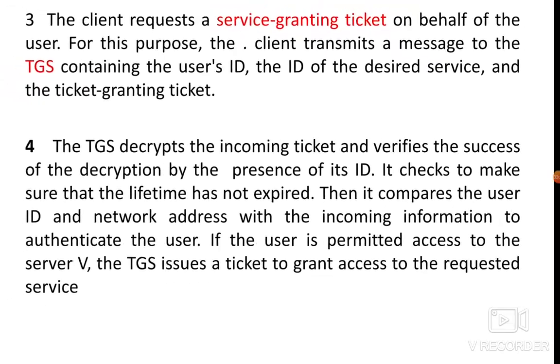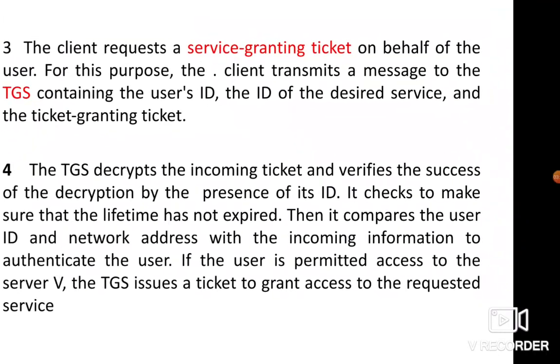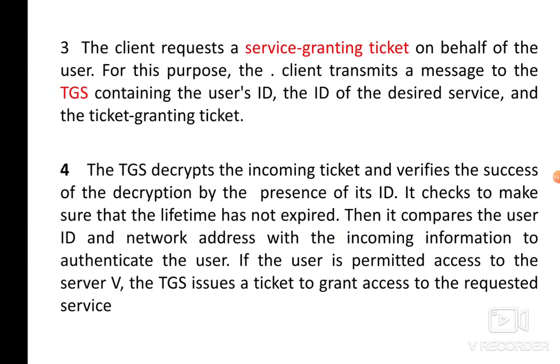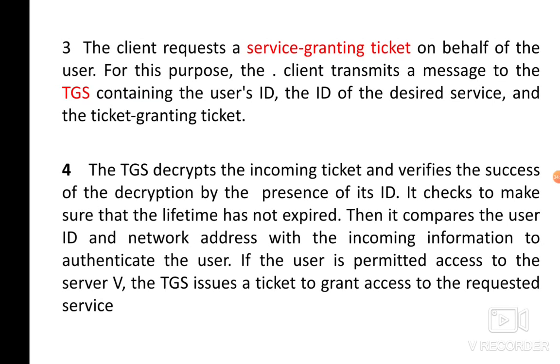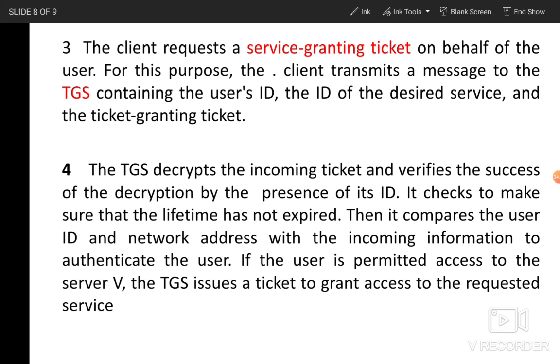After getting a ticket granting ticket, I can send a request for a service granting ticket. For getting a service granting ticket, I should send a message to the TGS. I have to pass my user ID, the desired service, and the ticket granting ticket. What the TGS is doing is, it decrypts the ticket and verifies my identity.